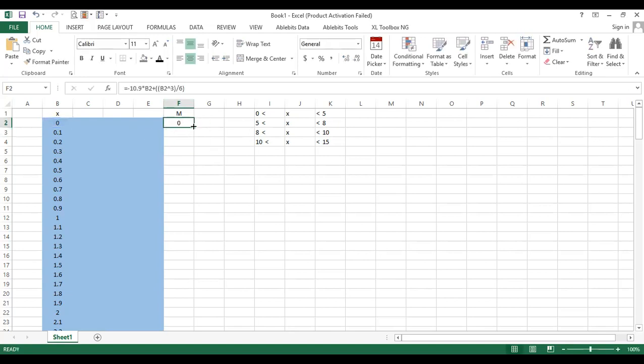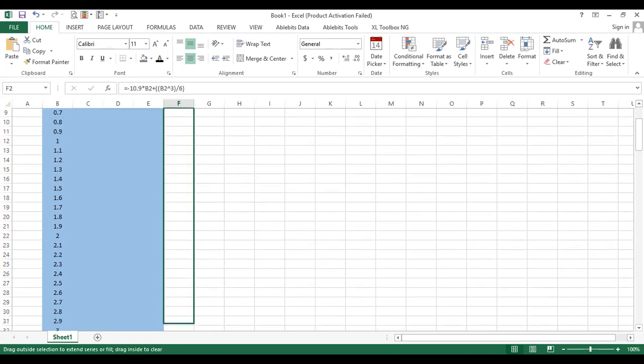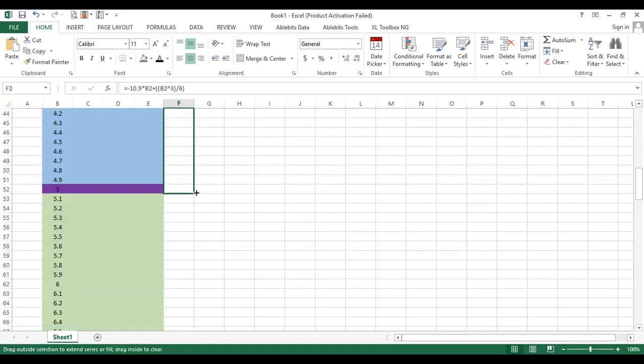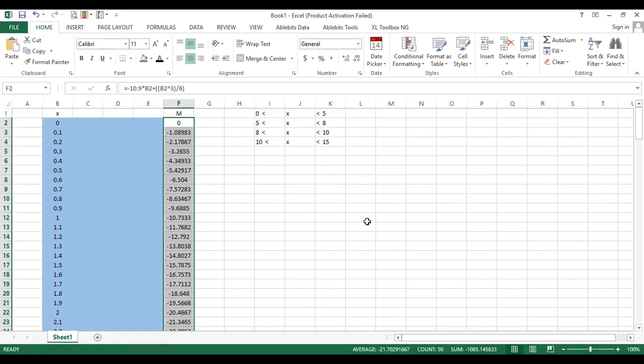That's okay. So you can drag that until 5. At 5, you can see it is 33.66. Just take it here, right? So I need to check the second equation.